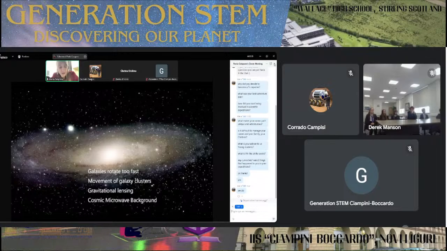And there are other phenomena like gravitational lensing and the cosmic microwave background that tell us that what we know is not enough. There is a mass that moves and justifies this acceleration that we don't see, because what we see doesn't have enough mass. We see gravitational effects that are due to what we call today dark matter.